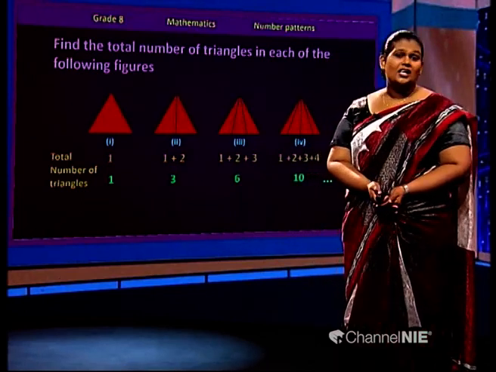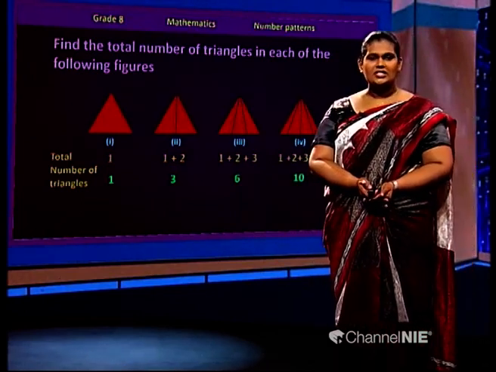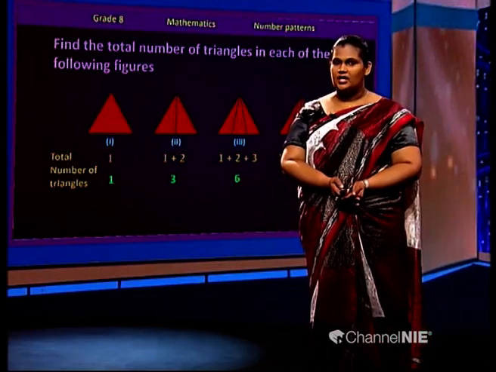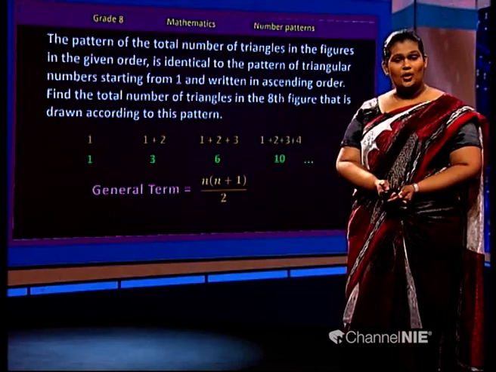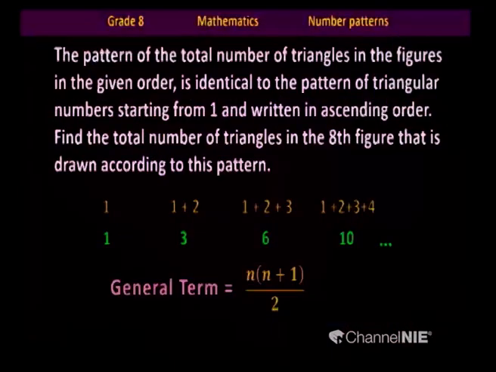This is the triangular number pattern starting from 1 and written in ascending order. Right. Now, have a look at this one. The pattern of the total number of triangles in the figures in the given order is identical to the pattern of the triangular numbers starting from 1 and written in ascending order.